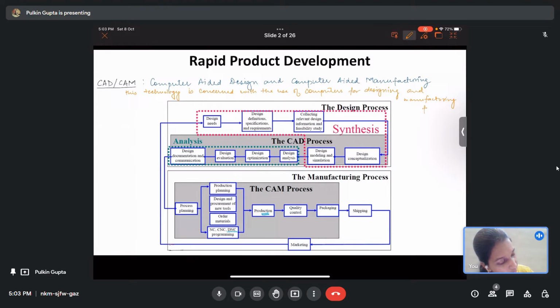These days you must be seeing around that there are a lot of softwares which allow you to develop 3D CAD models, and there are softwares through which you can control your machines to perform specific commands.